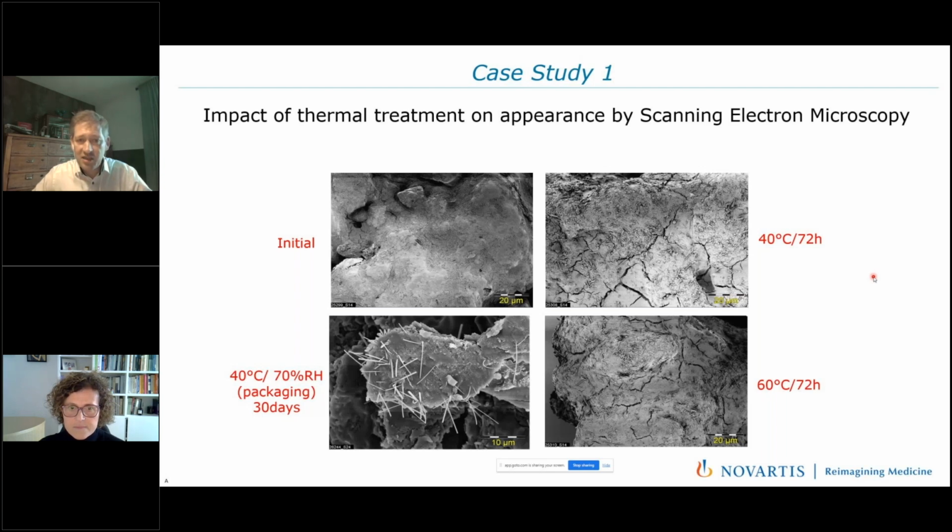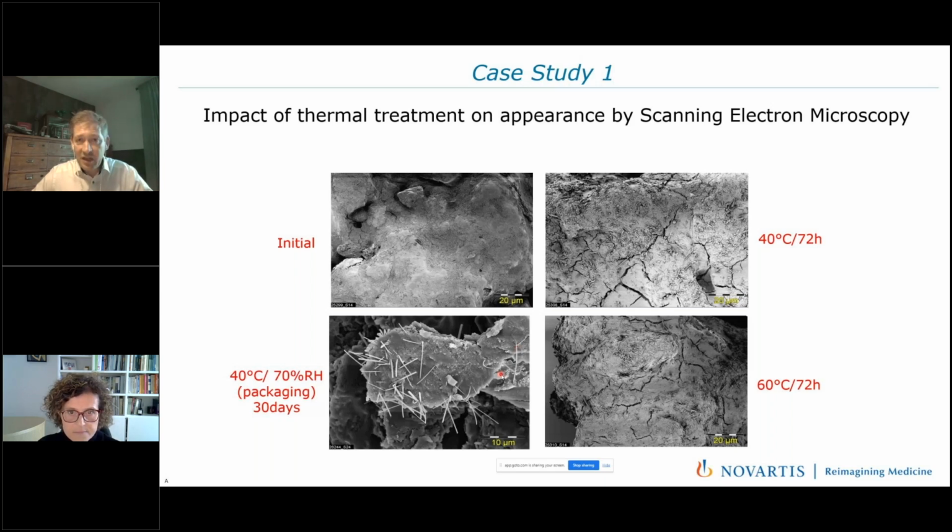As you can see, the initial material is only showing smooth surfaces. And on the different stressed samples, we could see the appearance of needle-like particles. As a solid-state scientist, with needle-like particles, something should be happening in terms of crystalline forms.